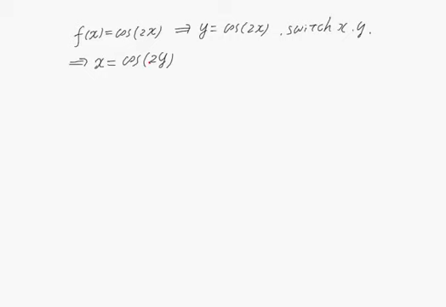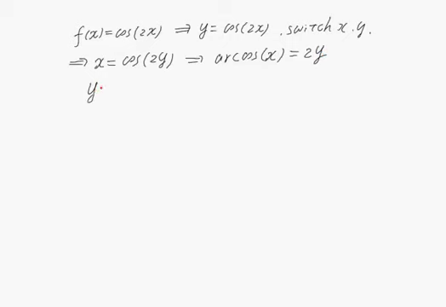So right now we can take the inverse cosine of both sides of this equation, and then you get arc cosine of x equal to 2y, by definition of the inverse function. Then you divide both sides by 2.